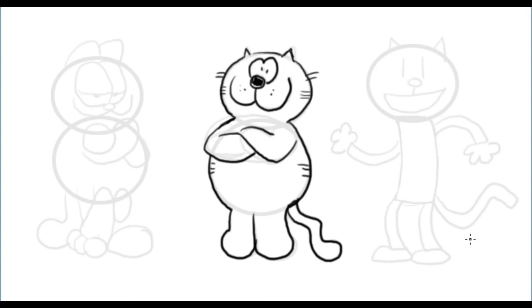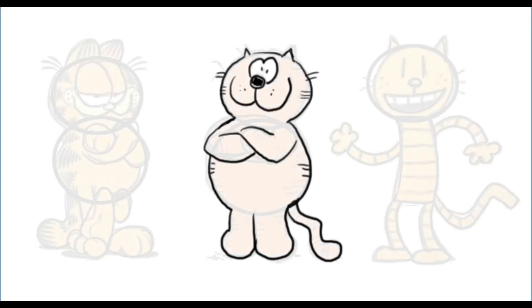He had his own strip for many years, and a comic book and cartoons on TV, and it was around before Garfield, and a lot of people say they're very much alike. But anyhow, there we are. We brought up our characters a little bit.